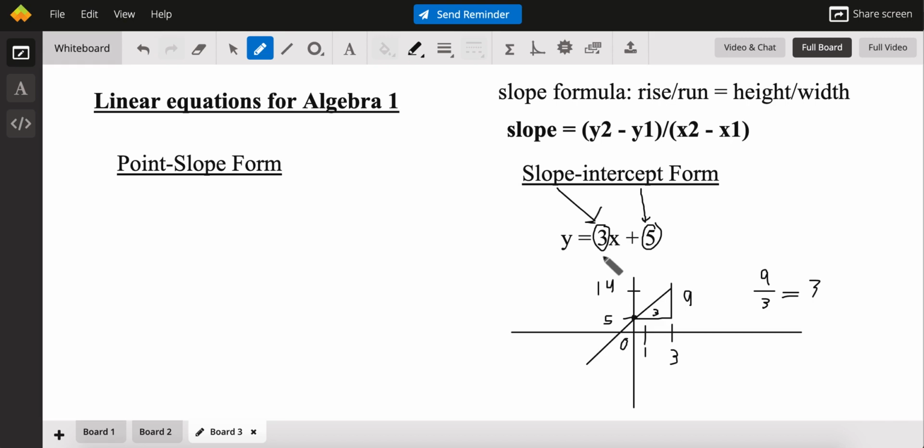So in their case, slope's going to be y2 is 6, y1 is 3. It's going to be 6 minus 3 divided by x2 is 4, x1 is 2, 4 minus 2, that's 3 over 2. So your slope, m, is 3 over 2.